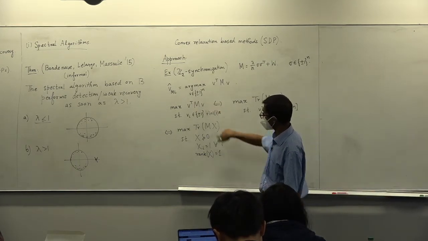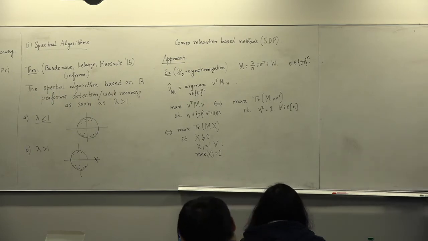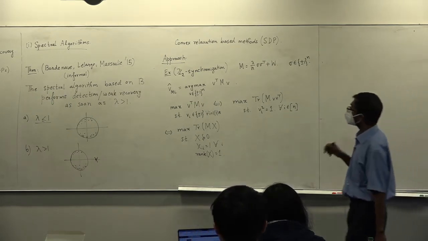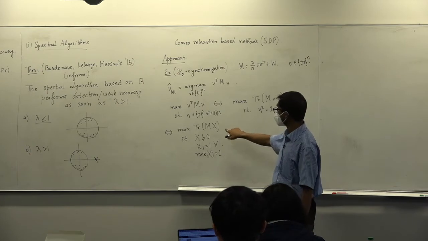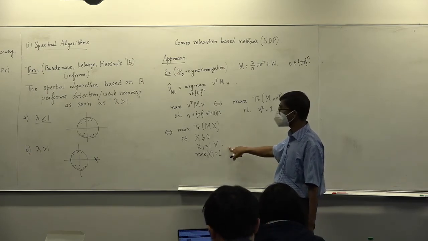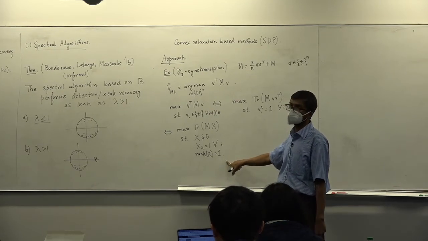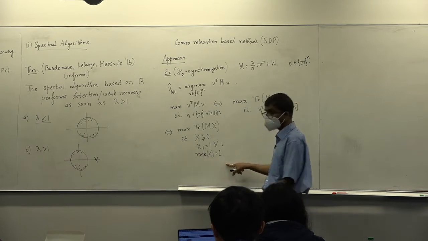So far, I haven't done anything. I'm still solving MLE, right? But you see that, on the semidefinite cone, this is a linear objective function, and these are linear equalities. The only nonlinear constraint here essentially comes from the rank constraint.